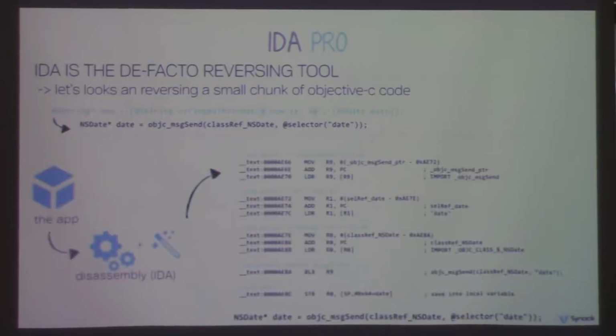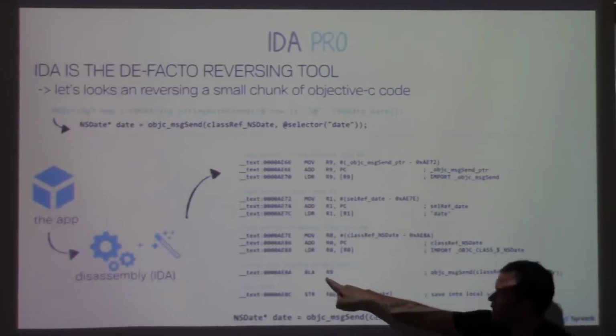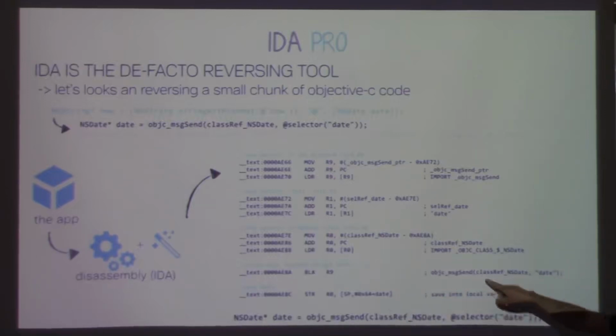So let's see if we can read this. Okay, cool. The first thing we're going to look at is the first call to objc_msgSend. Right here you can see a BLX R9, which is objc_msgSend. Basically, we look back into this assembly because we want to figure out the name of the object that is getting this message and the name of the message. With those two pieces of information, we can figure out what this assembly is doing.